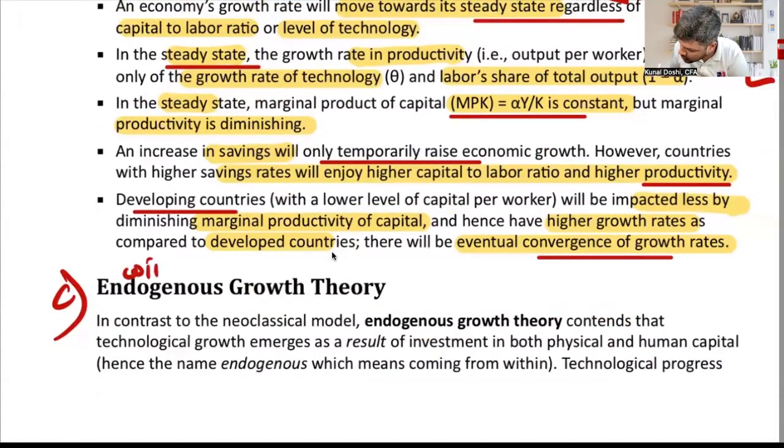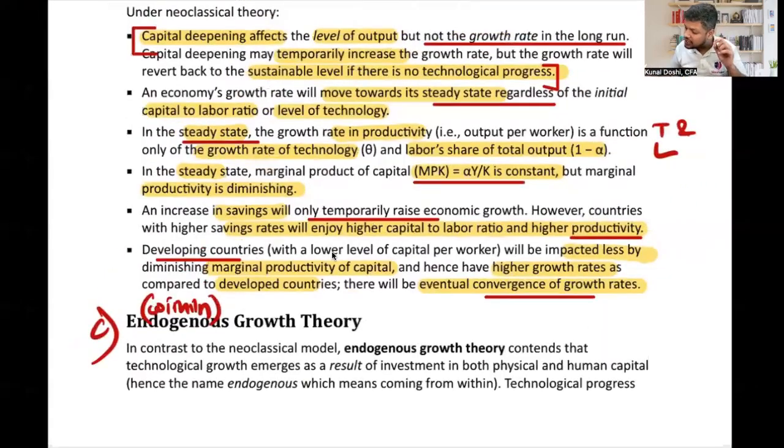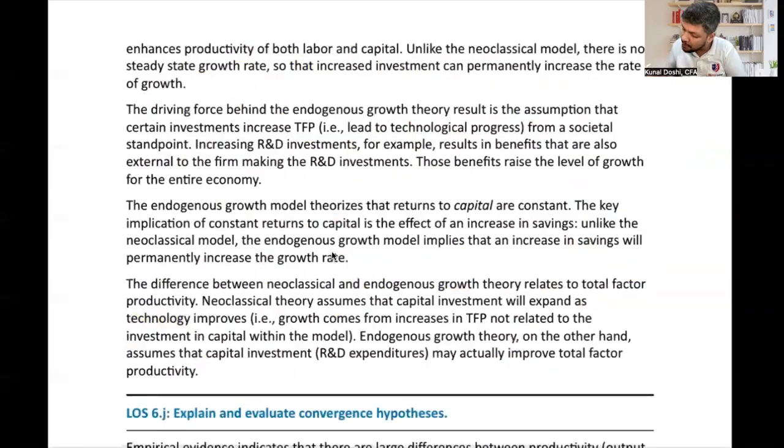In contrast to neoclassical, endogenous contends that technological growth emerges as a result of both physical and human capital. So the technological growth will come from physical and human capital, isn't it? So technological progress enhances productivity, yes, but of both labor and capital. So technological growth and the growth in labor and capital all will happen hand in hand. It's not differentiating between that.